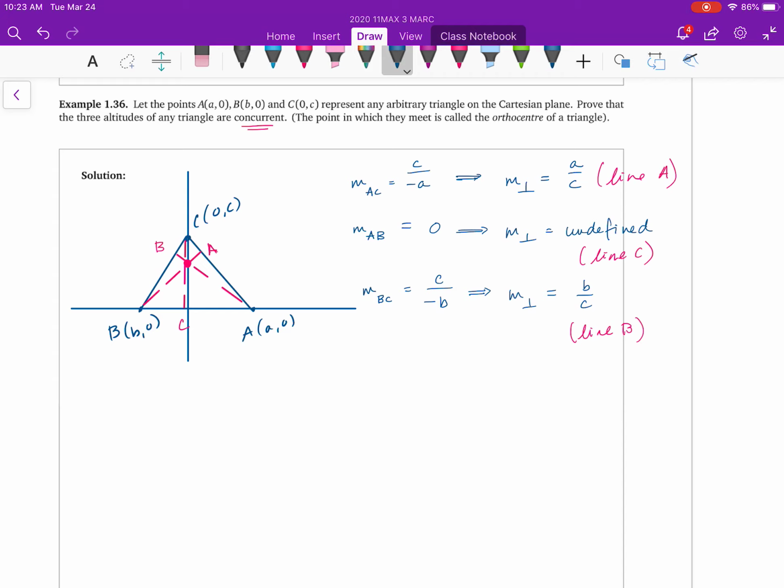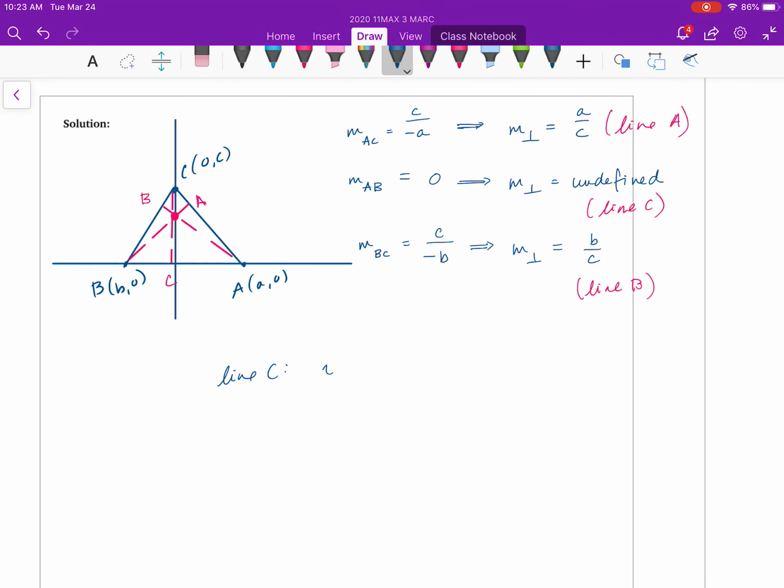So clearly we can see that line C is the vertical line, so hopefully you can remember that the equation for a vertical line is x equals 0 because it passes through the x-axis at 0.